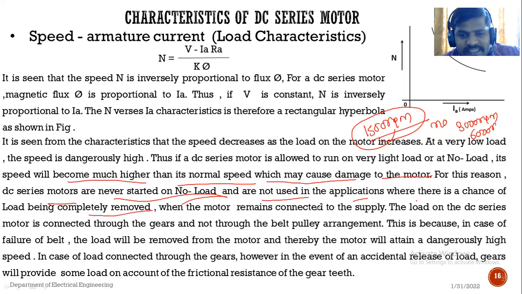When the motor remains connected to the supply, at that situation somewhat load should be present on that motor. Some load should be present on the motor.